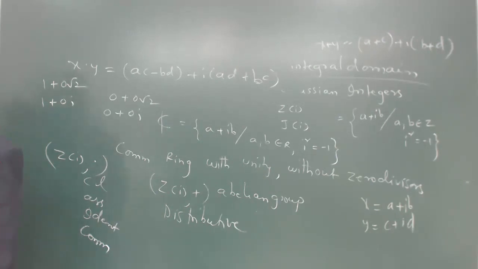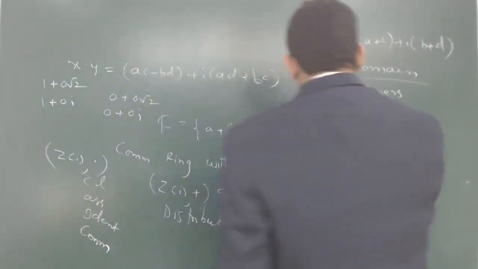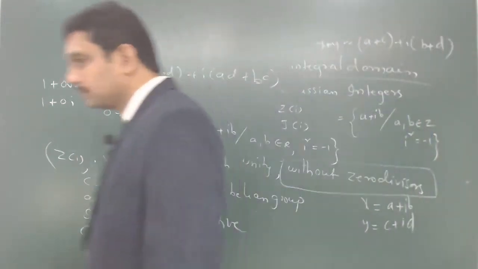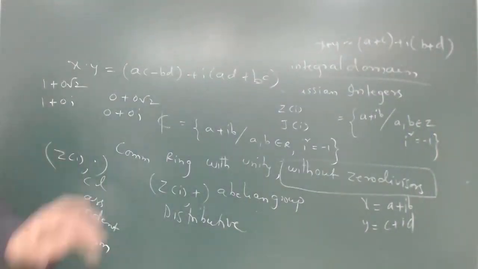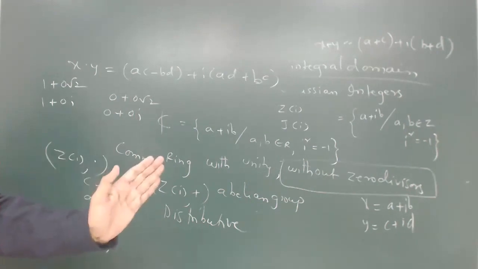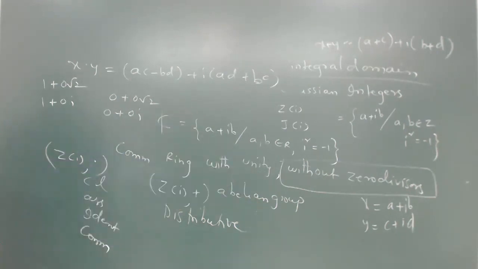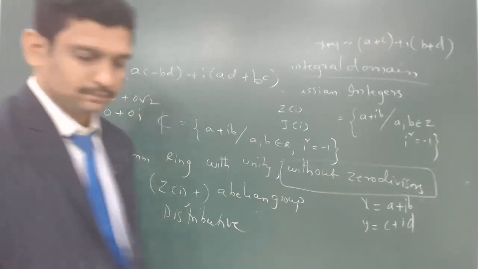All right. So I want to prove one interesting property, that Z of i is without zero divisors. How do we show that Z of i will not contain zero divisors? That we prove.